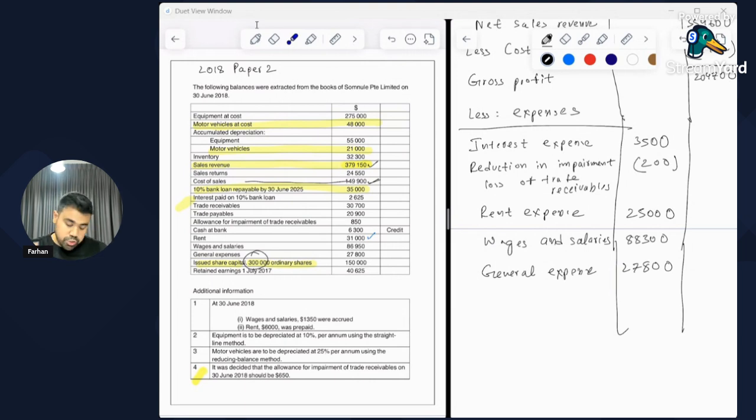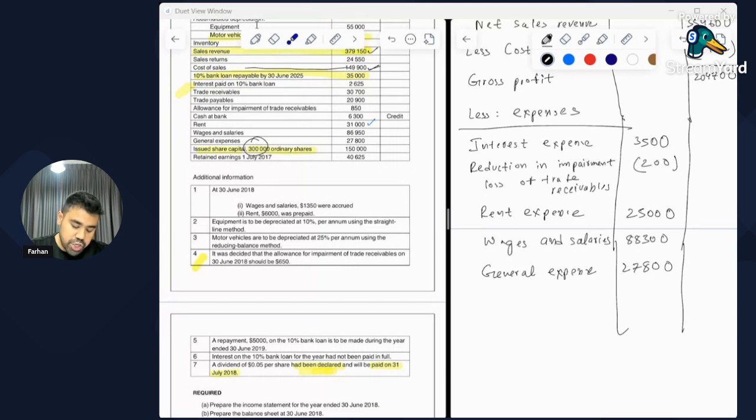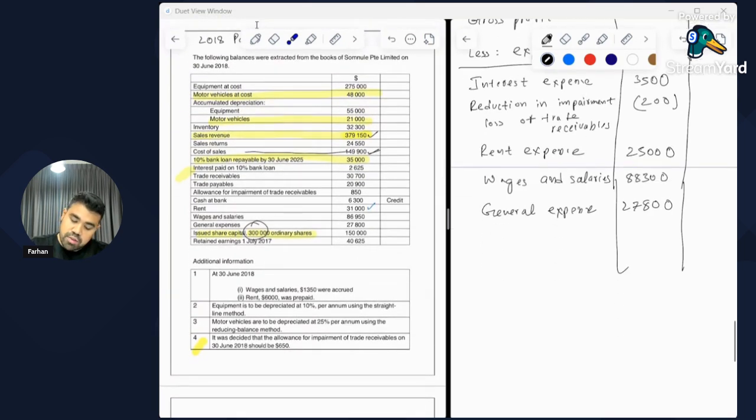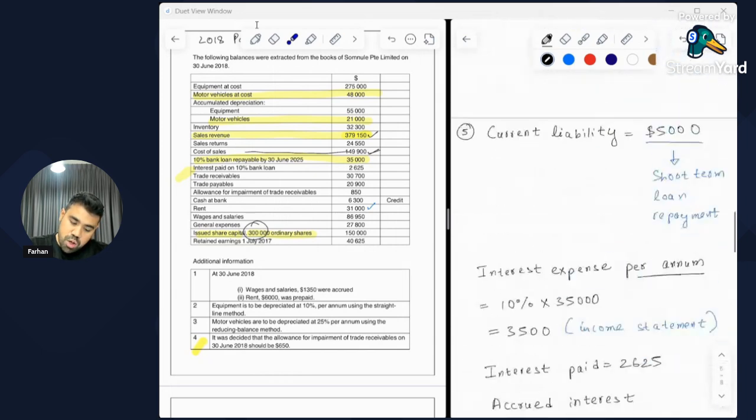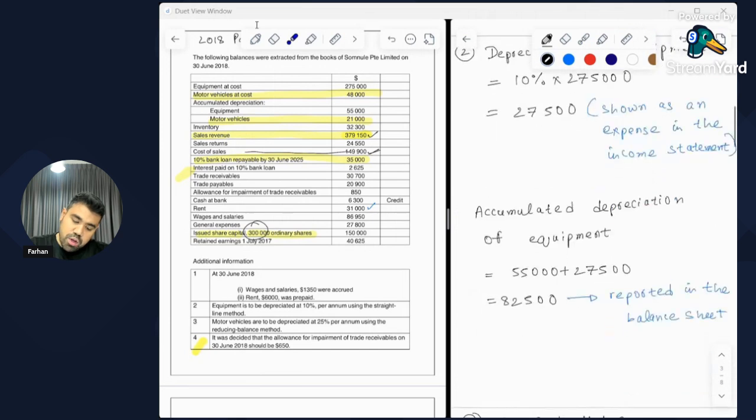All right. Actually, we forgot the depreciation. So it's not really the last expense. We've got depreciation of equipment and depreciation for motor vehicles. So let's just include those two as well. Depreciation of equipment, as we have calculated in point number 2, was 27,500.